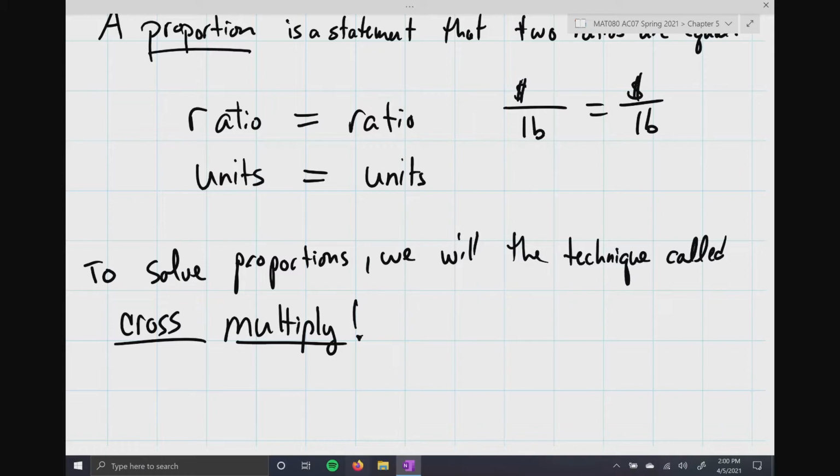Notice I went almost the entire semester without saying that. We went through the entire fractions chapter and we never cross multiplied. Okay? Cross multiplying is very special. You can only cross multiply when you have a proportion. That's it. You can only cross multiply when you have a ratio equal to another ratio, okay?